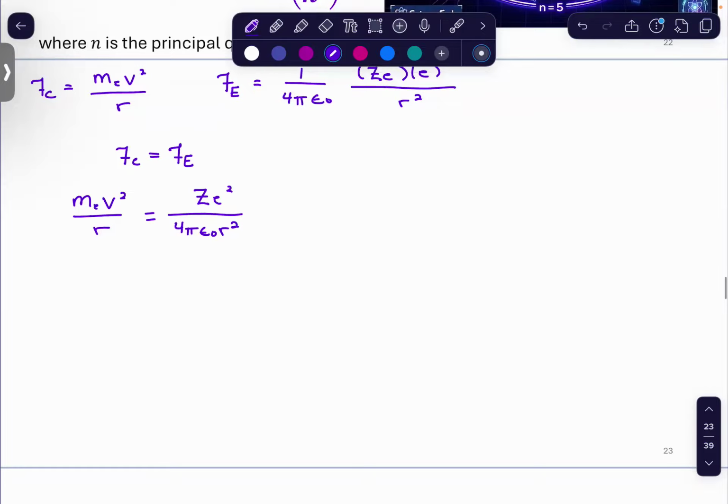Let's see, I'm going to multiply through by r. I'm going to get m_e v squared equals Z e squared over 4 pi epsilon 0 r. Now, we need another equation to work with.